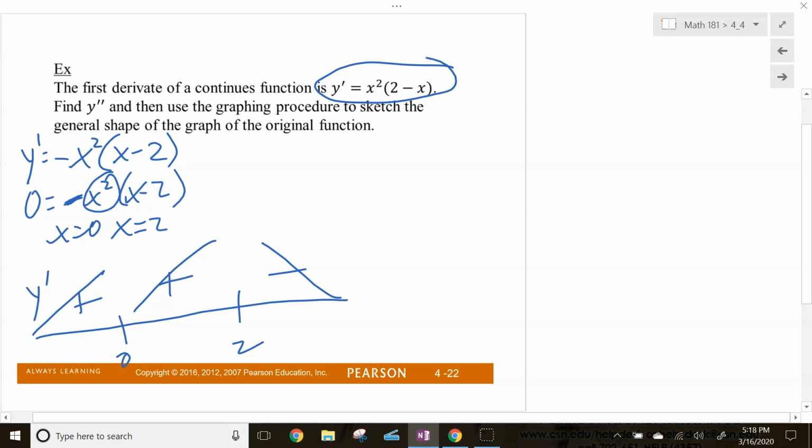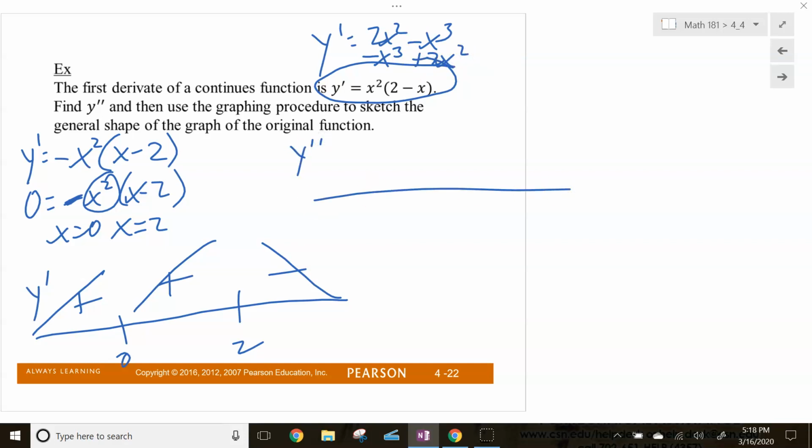Now let's take the second derivative, and let me rewrite this here. I've got this is 2x squared minus x to the third, in other words, -x cubed plus 2x squared. Now let me take that derivative: -3x squared plus 4x. And then, sorry, I didn't do this very well.